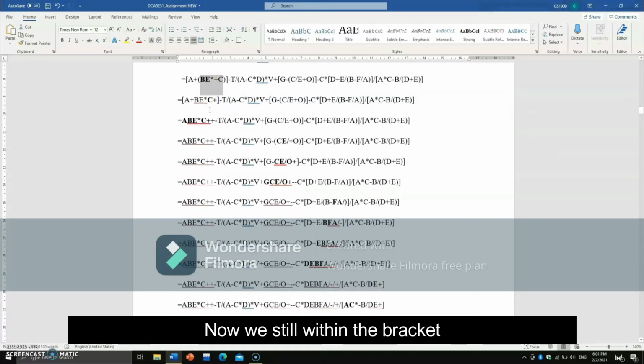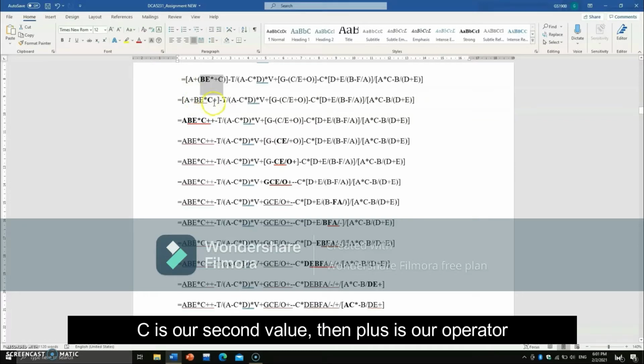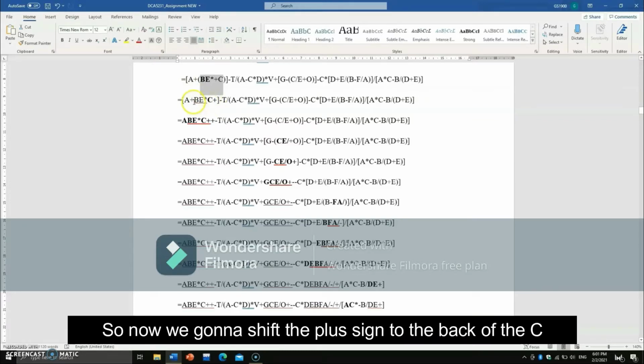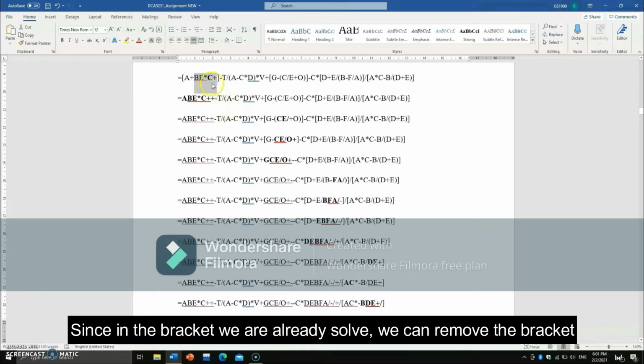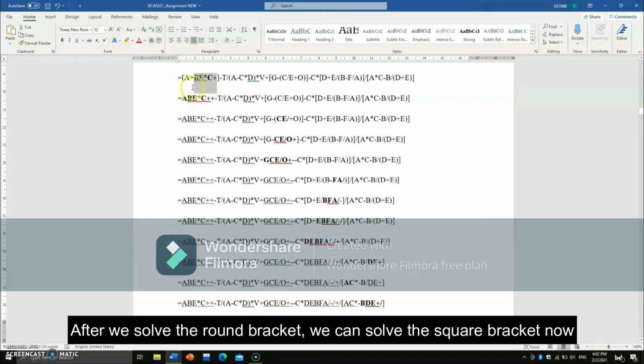Next, we are still within the bracket. Now this BE multiply is our first value, C is our second value, then plus is our operator. So now we shift the plus sign to the back of the C, and this is our postfix. Since the bracket we already solved, we can remove the bracket.